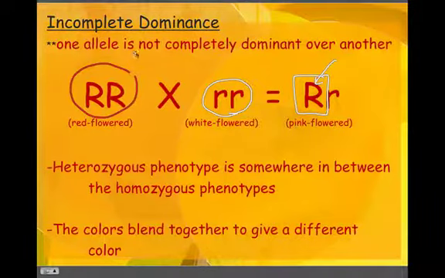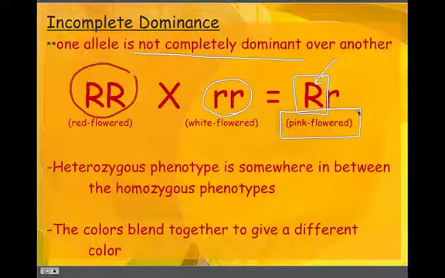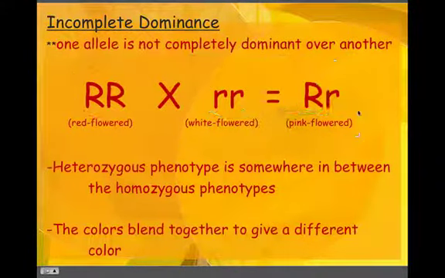But because one is not completely dominant, this flower would then be pink. So the heterozygous phenotype is somewhere in between the two homozygous phenotypes. The colors are blended together to give a different color. So this is what incomplete dominance is all about.